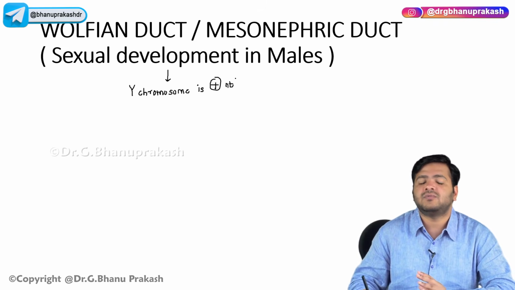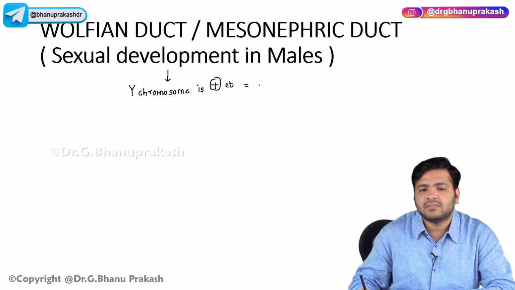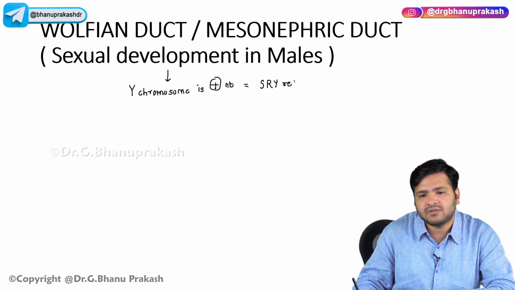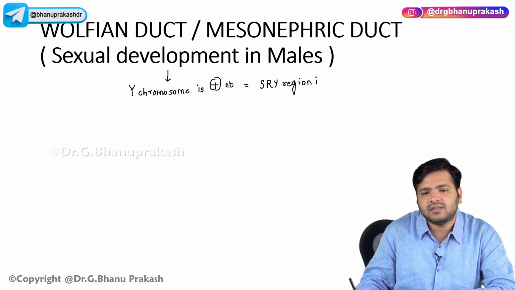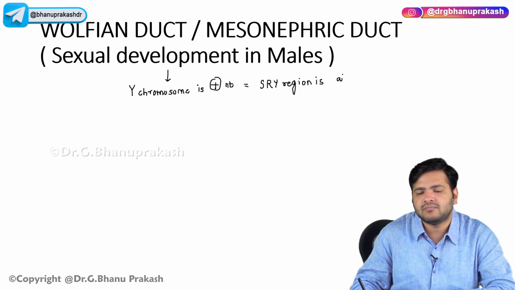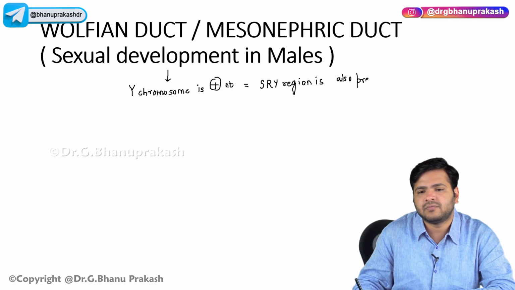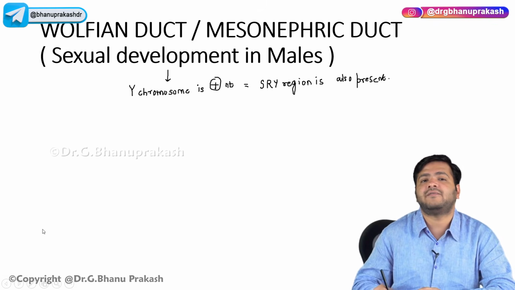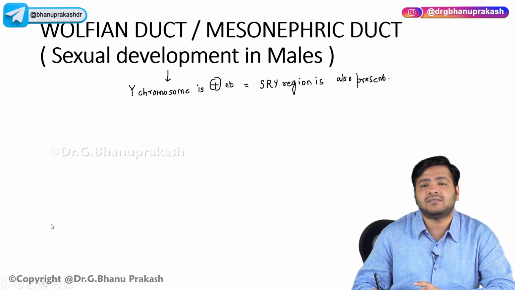Now this Y chromosome is present, it means that the SRY region is also present. This SRY region is present on the distal end of the short arm of the Y chromosome, right?